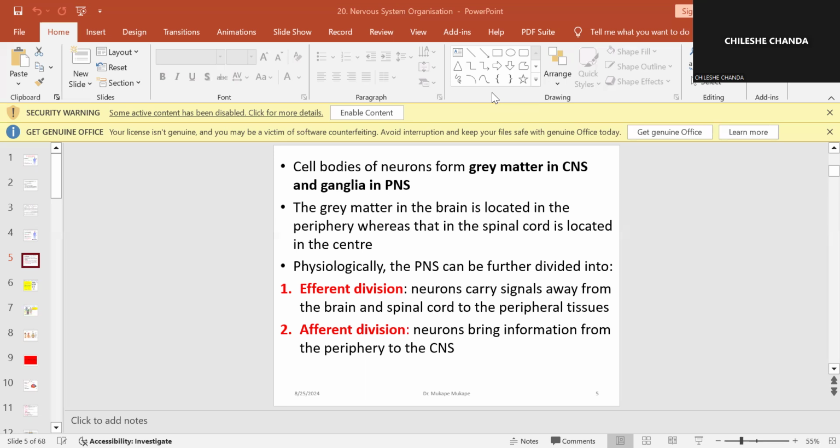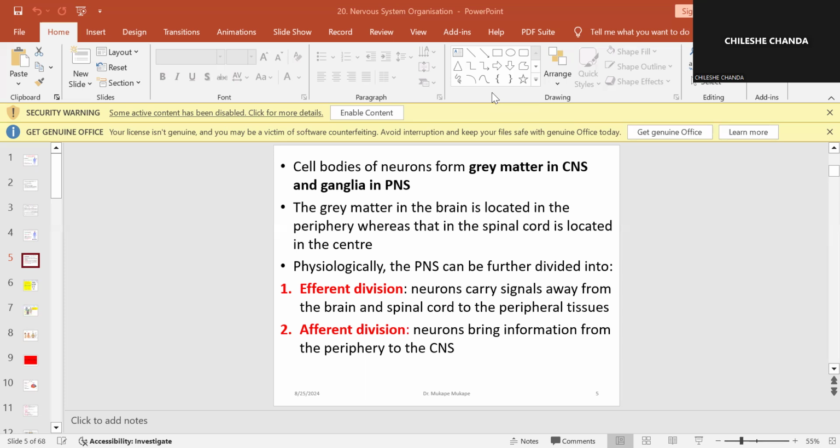For example, if somebody touches you, somebody burns you, whatever sensation you're going to get is going to be transferred from the peripheral regions to the central regions through the afferent neurons, which are part of the afferent division of the nervous system.